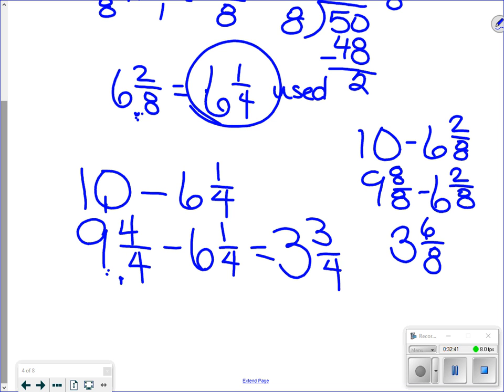Same thing. If this were a multiple choice thing, I wouldn't find this. I would find the simplified version. So this is what he had left: 3 3/4 pounds of soil.